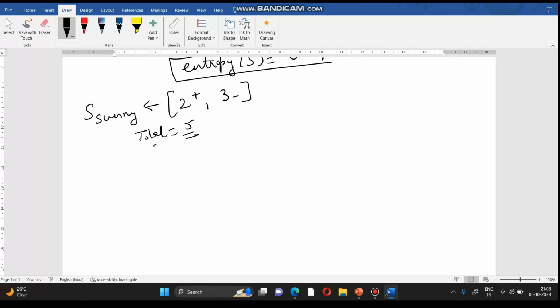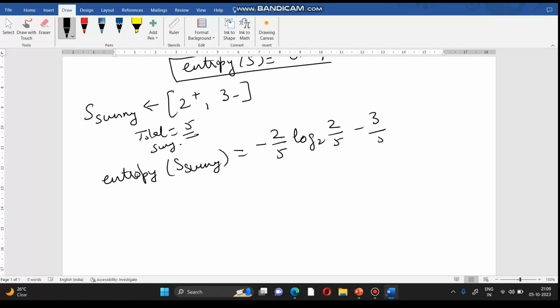Putting these values into the formula, the entropy of sunny in outlook is minus 2/5 log 2 of 2/5 minus 3/5 log 2 of 3/5, and by solving this we get 0.971.